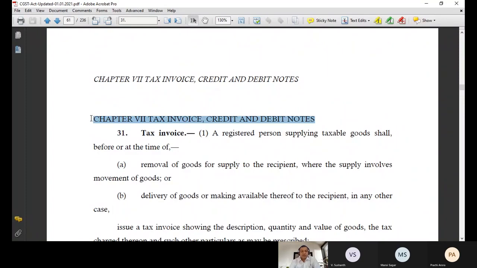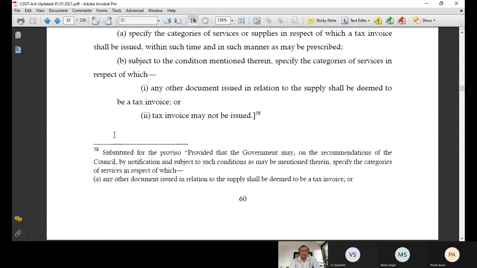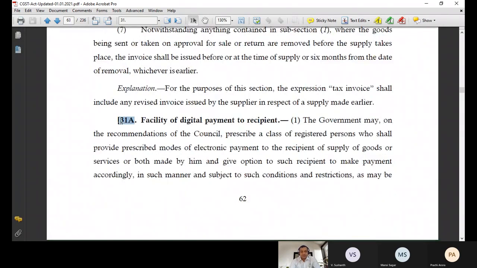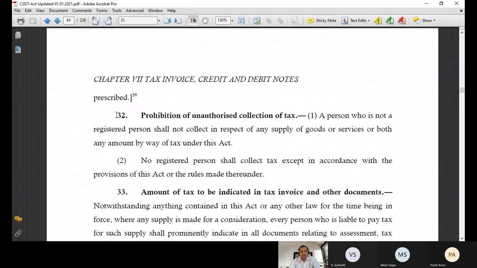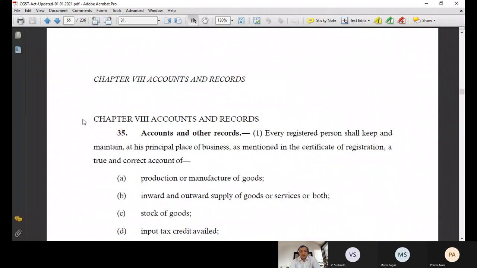Within this chapter, I will basically cover all the sections, starting from section 31, 31A and 33. This is a new chapter, chapter 8 of the CGST Act, accounts and records. So starting from section 31 till section 34, I will cover the topic of tax invoice, credit and debit notes. Now what is tax invoice?